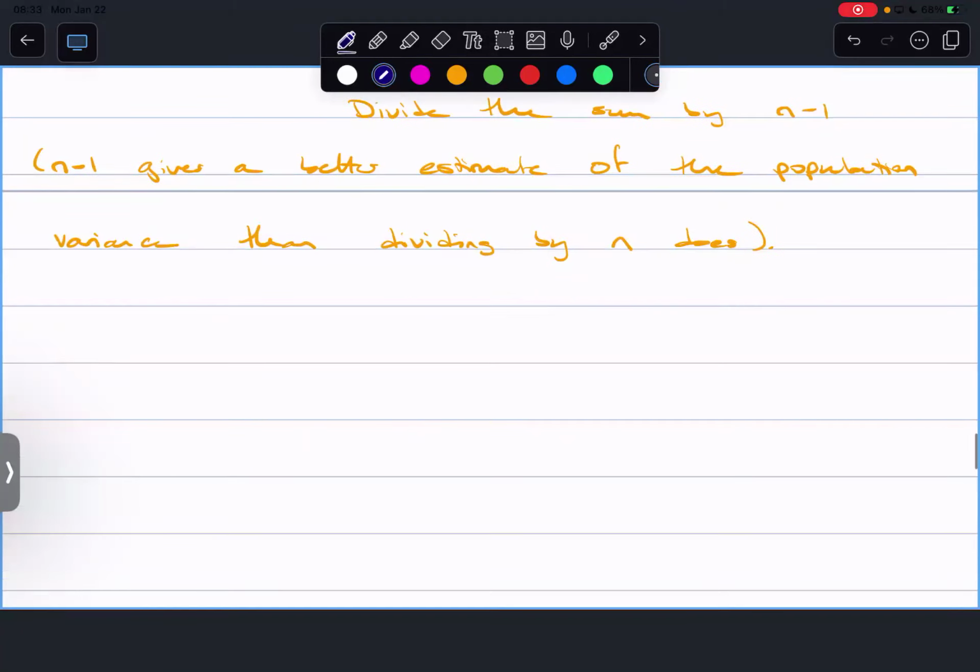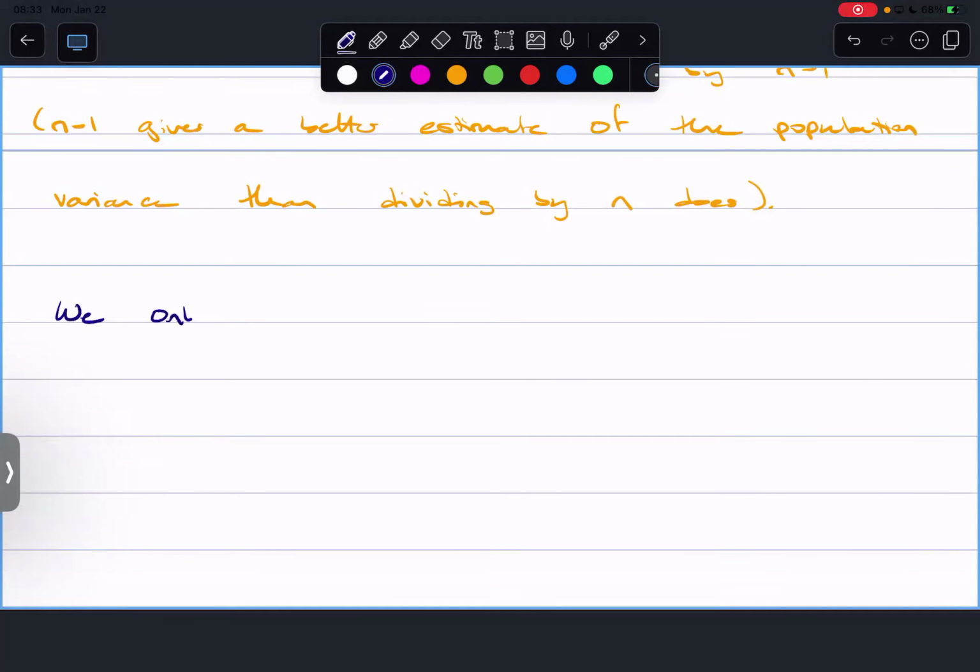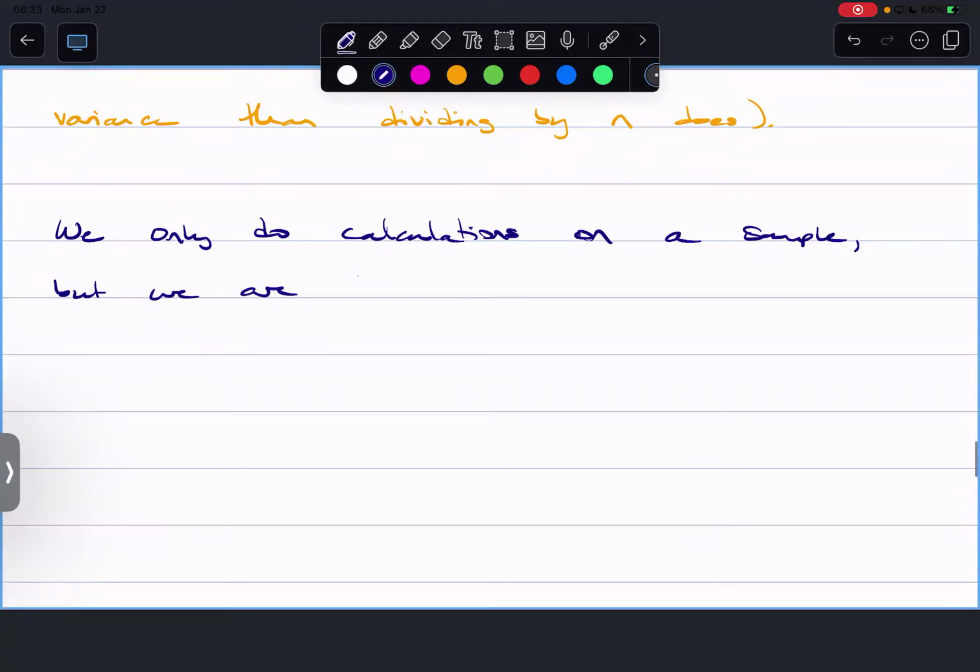So we only do calculations on a sample, but we're trying to learn about the population.